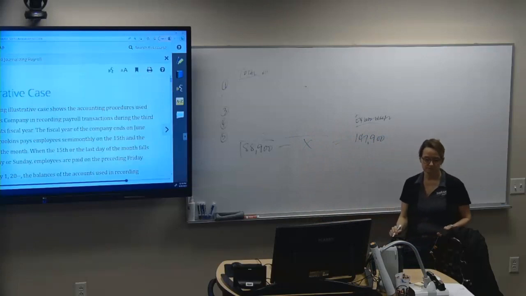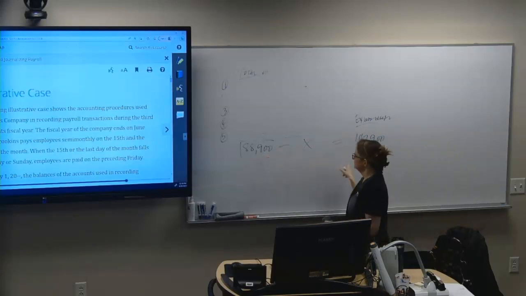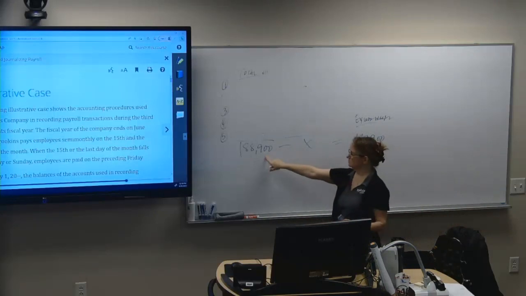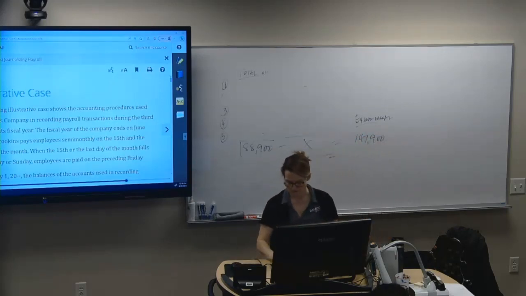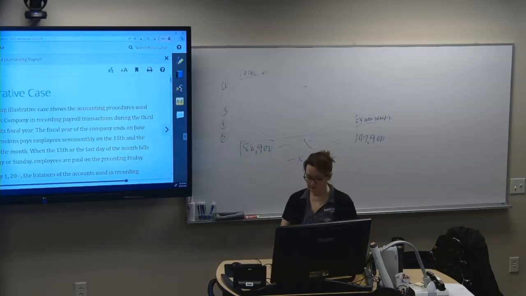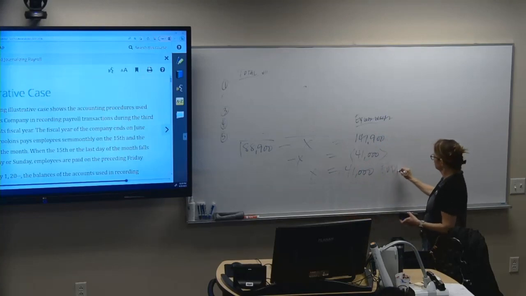So that's X, the unknown. So what you do is you subtract the 188,900 from both sides. You're left with negative X equals 147,900 minus 188,900, negative 41,000. So X equals 41,000. So this would be our FUTA wages.